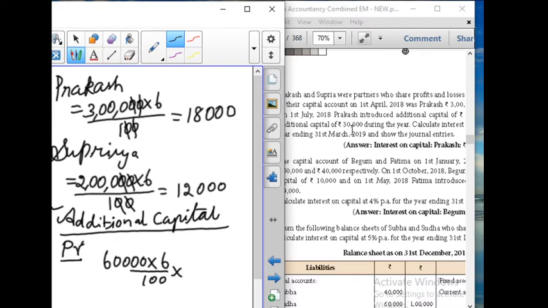On July means how many months? So 9 months. 1st April 2018 is the accounting year. So April, May, June, July.